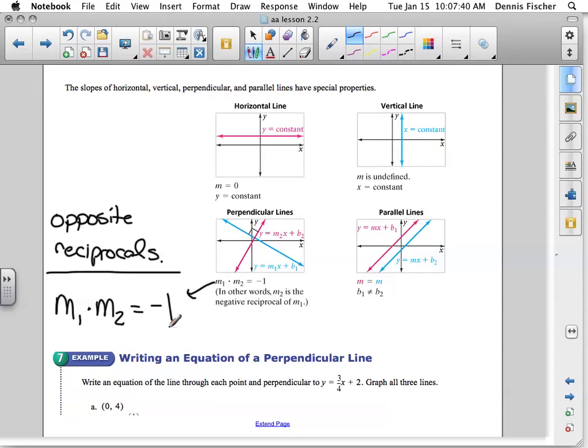Whatever one works for you. I don't know what's easier. If I was telling if two lines are perpendicular, I'd probably use the bottom one. If I'm finding the perpendicular line, I'm probably going to use the top one. Opposite reciprocals, slope times slope equals -1.